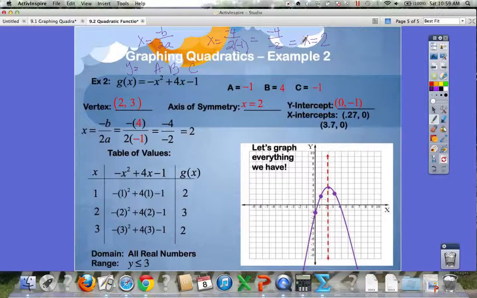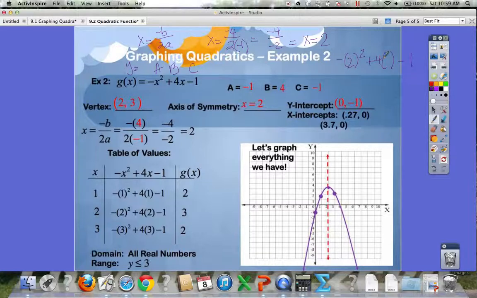Now, to find your y coordinate, you plug it into your original problem. That's going to be negative, parenthesis 2 squared, plus 4, parenthesis 2, minus 1. When you're doing this, what's being squared is the x, not negative x. So you plug this in.